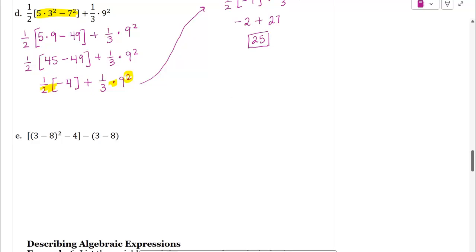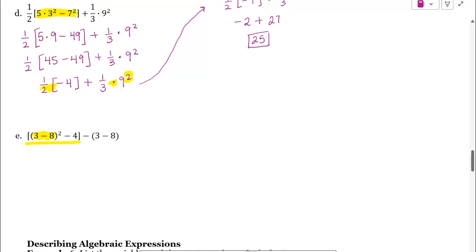All right, example E. I've got parentheses and I've got brackets looking at this first term that I have. So I'm going to tackle this first and go to the inside. So after I look at these square brackets that I'm going to use, I'm going to now go into these parentheses here first before I do that exponent.